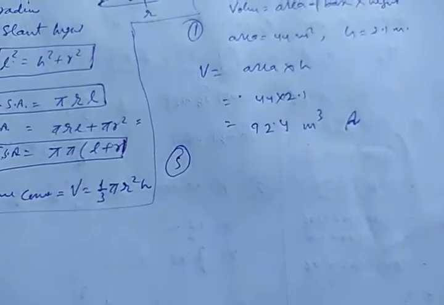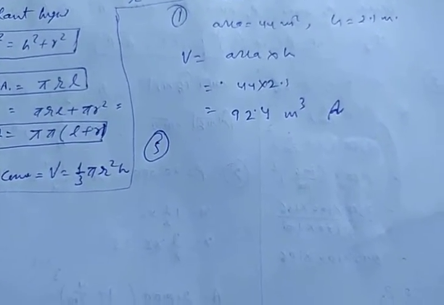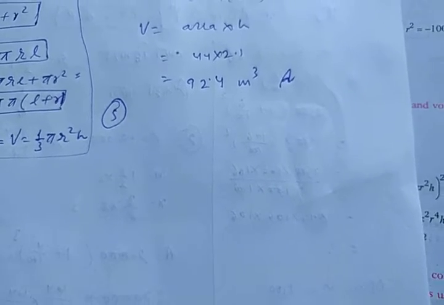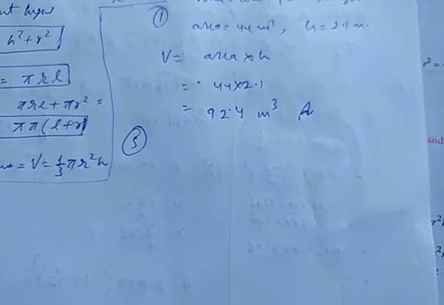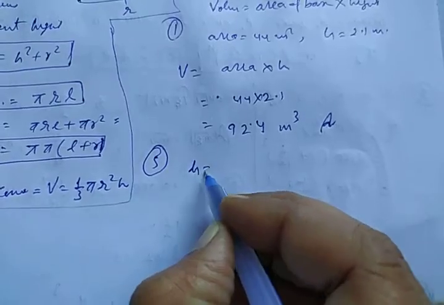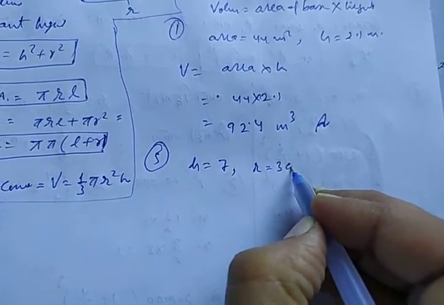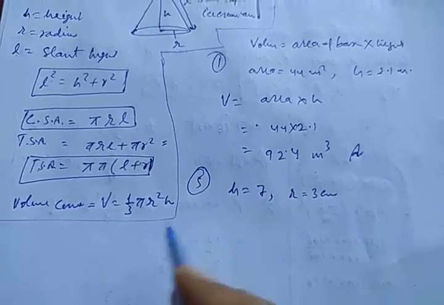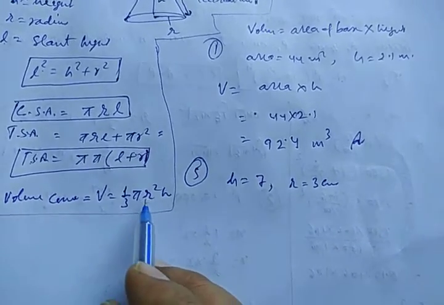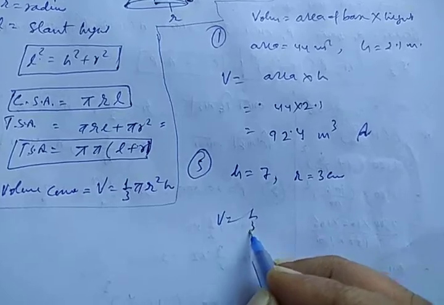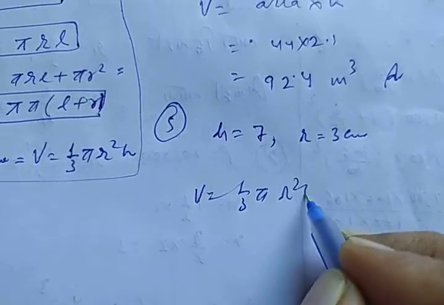Let us take question number 5 randomly. I will discuss some questions and others you will solve. The height of the cone has been given 7, its radius of the base is this much, find the volume. In this question height has been given 7 and radius of the base is 3 centimeter. These two specific data are in the formula. Then V is equal to 1 upon 3 pi r square h.